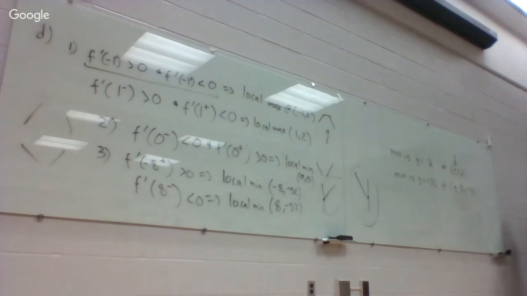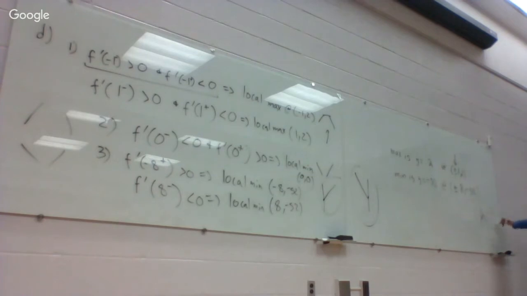Yeah, so endpoints can be absolute max. Daniel, I think that's like another question on the homework, where you're supposed to know that if the function goes on forever, there is technically no absolute maximum.